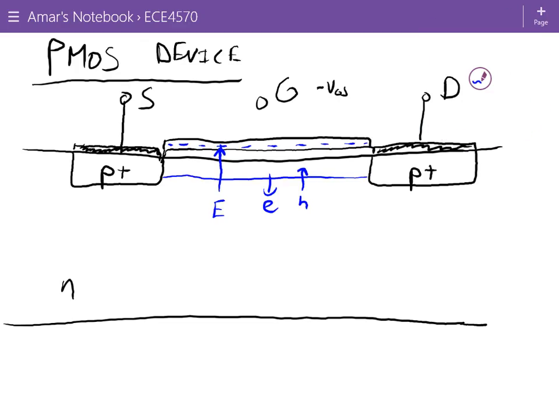So the electric field is going up. Let's talk about this first phenomenon here. When the electrons are pushed away, what does it leave behind? It leaves behind stationary charges, right? And what's the polarity of those stationary charges? Positive, right. So you end up with a bunch of positive charges, but these positive charges are immobile. This is called the depletion charge.